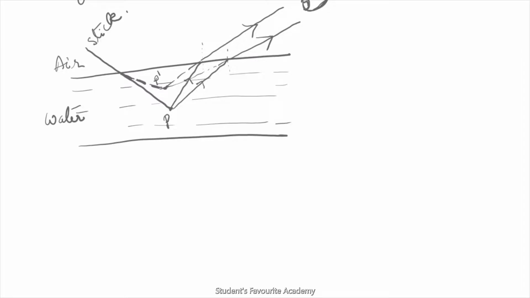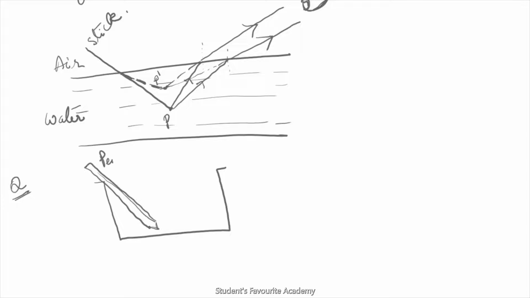Sometimes you are also asked the same question. For example, I remember this question is asked in this manner also. You will be given a diagram like this, and you will be told that this is a pencil kept in a glass beaker or vessel, and show with the help of a diagram how the pencil will look when water is poured in the vessel.